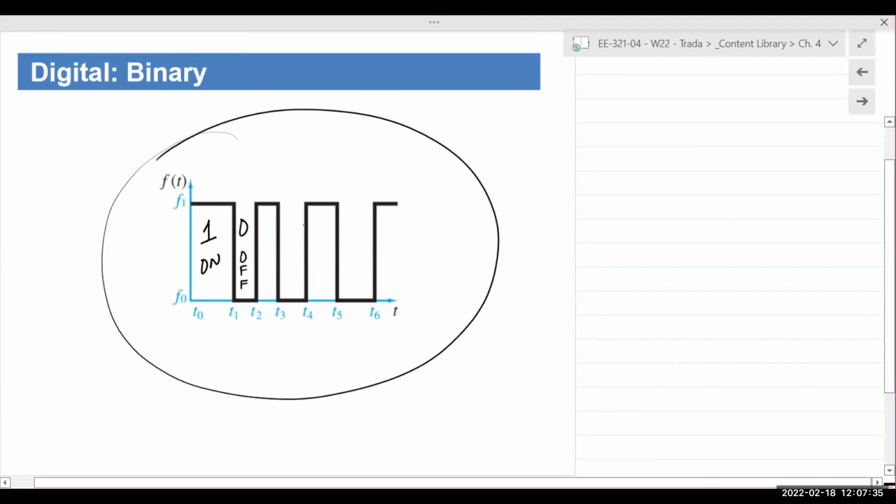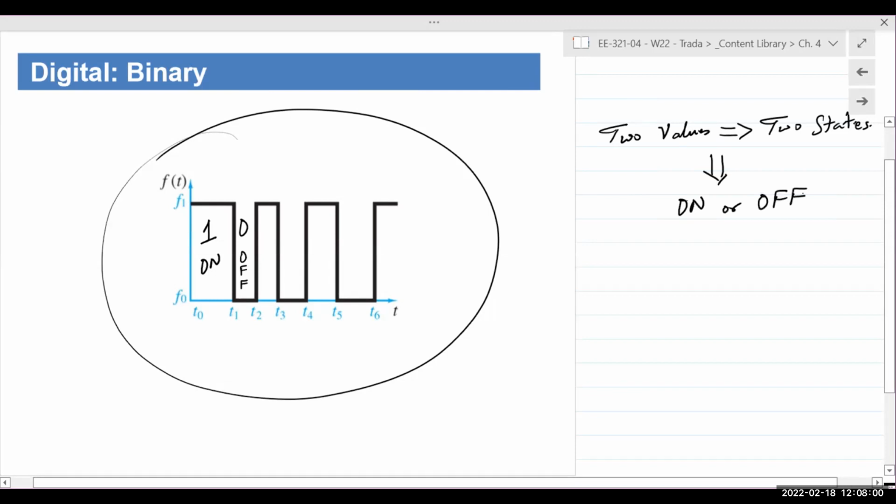So logic 1 is on, logic 0 is off. And because this can take only two values, we refer to these two values as states. So two states. Those two states are on or off.